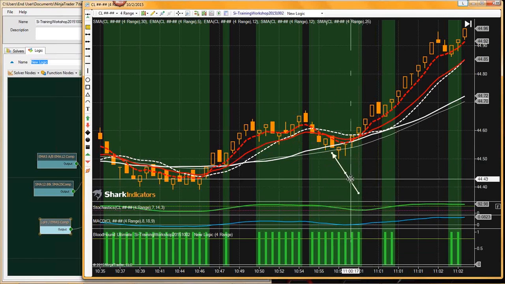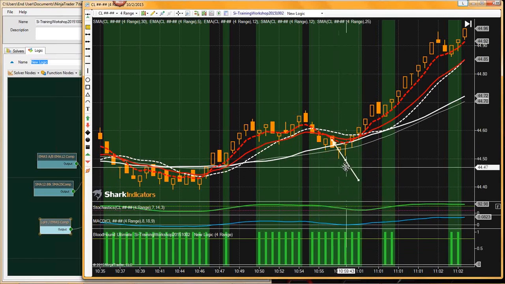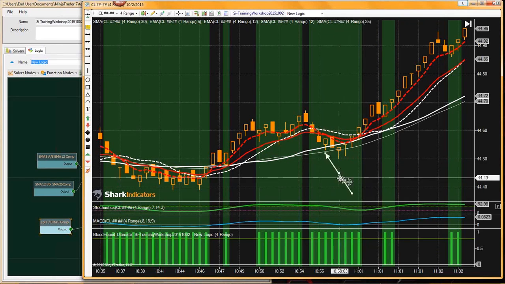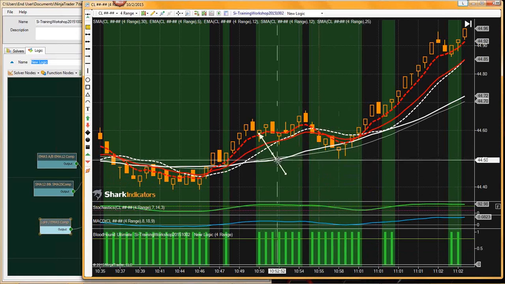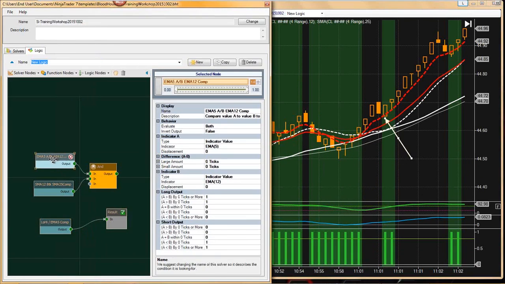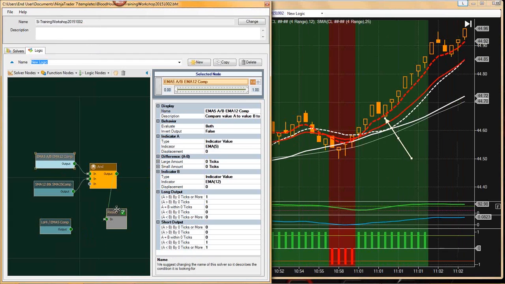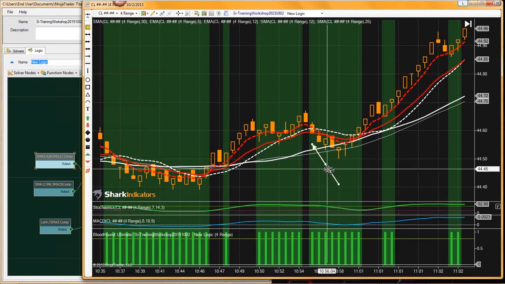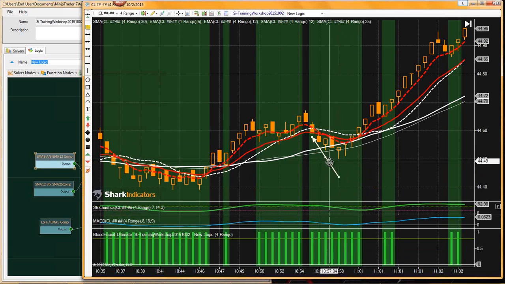Sometimes even the whole bar is below the EMA. But these other long outputs are going to get removed by these other conditions here, so we don't have to worry about these extra long outputs.